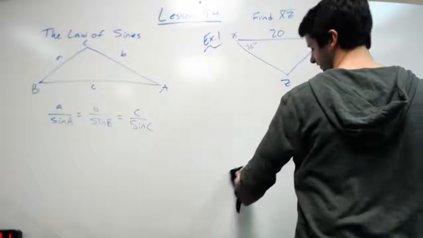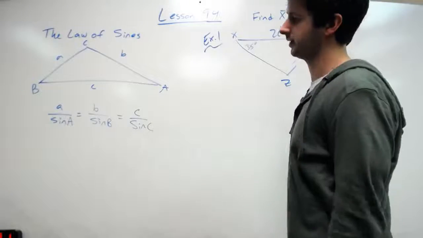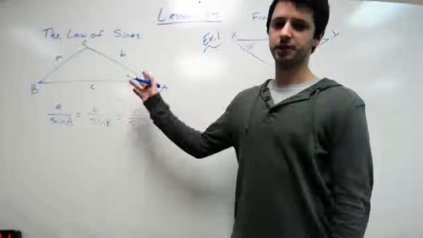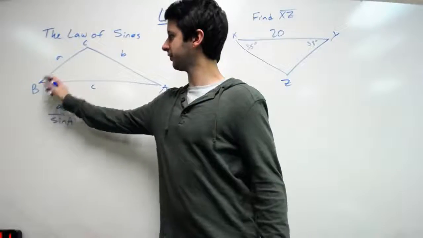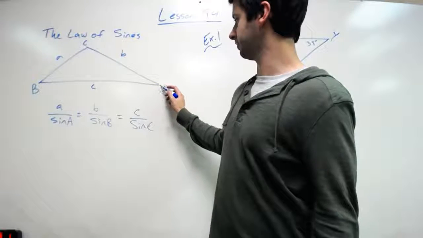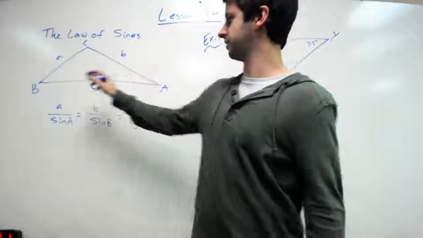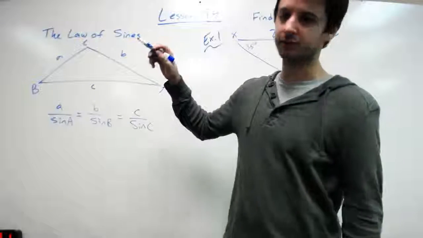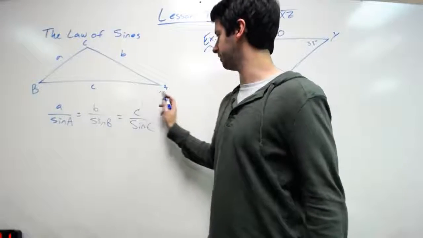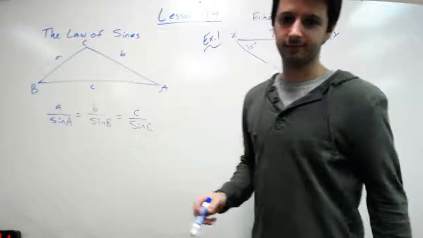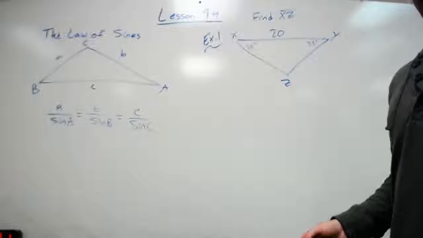The law of sines is basically a series of three ratios. In a triangle, imagine all of our angles use the big capital letters A, B, C, and for all the side lengths, we use a little a, b, c. Notice they're across from the corresponding letters.